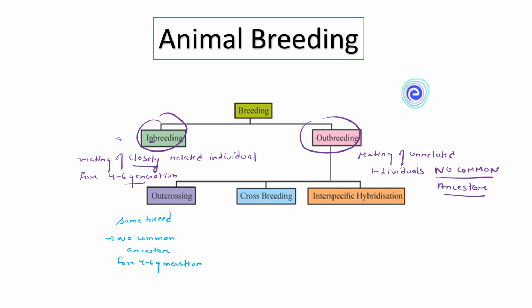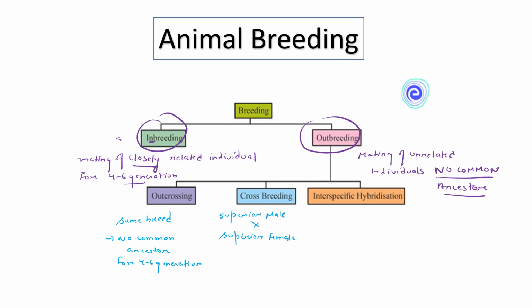In crossbreeding, there is mating between a superior male and a superior female. They don't have common ancestors.